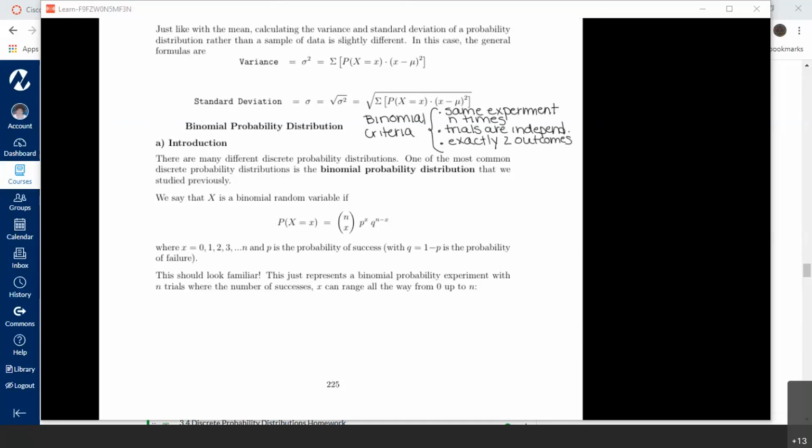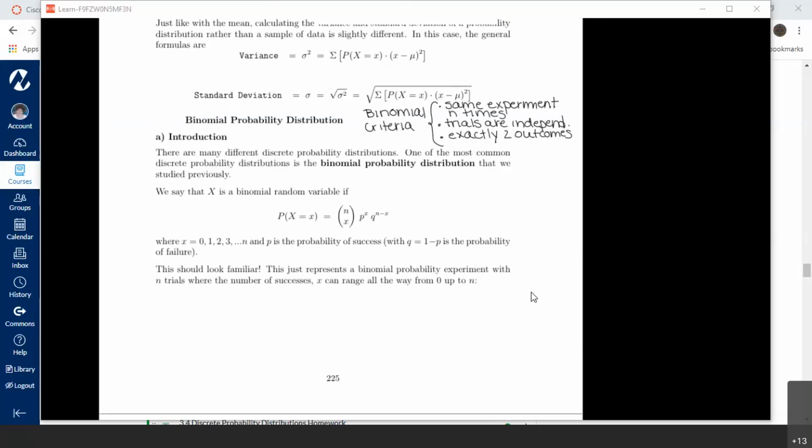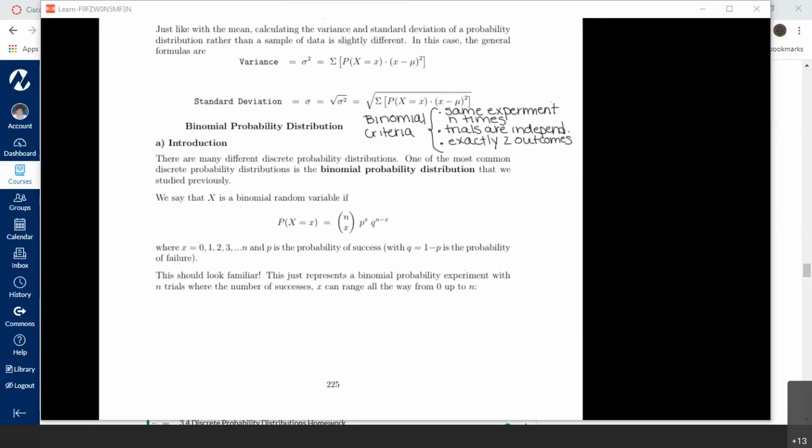If I call rolling a 7 a success, I've turned it into a binomial experiment, because then I can calculate the probability of 7 as a sum and the probability of not 7. So again, here are the binomial criteria from before, and here is the idea of a binomial random variable, capital X, which is equal to the number of successes of the experiment.